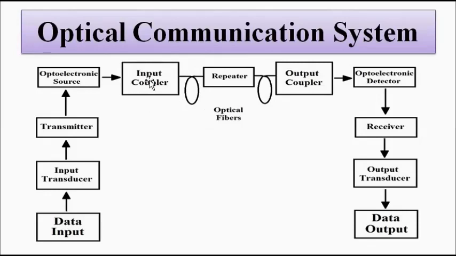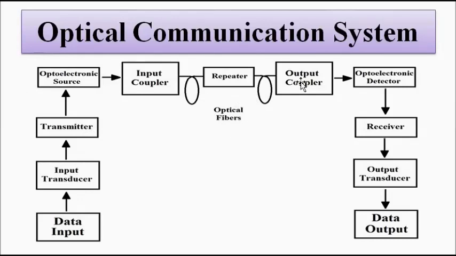So the coupler, you can just simply understand that it takes the output of the optoelectronic source, which is the modulated signal, and sends it into the optical fiber for transmission, which is the main propagation channel, the communication channel. That is the job of the input coupler, to send the final modulated signal from the optical modulator side into the optical fiber.